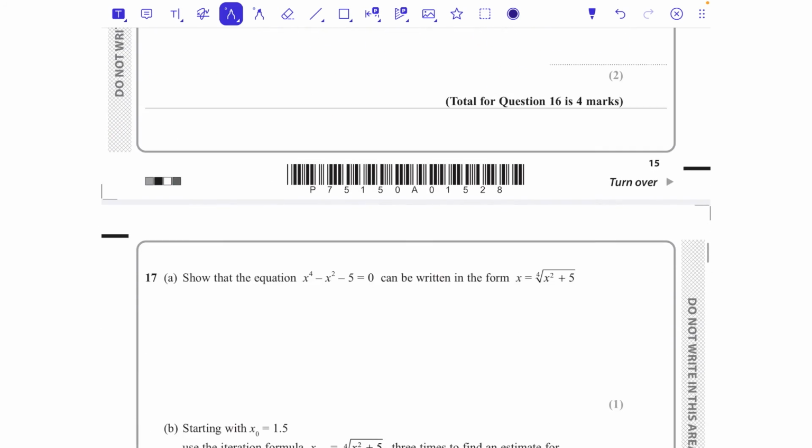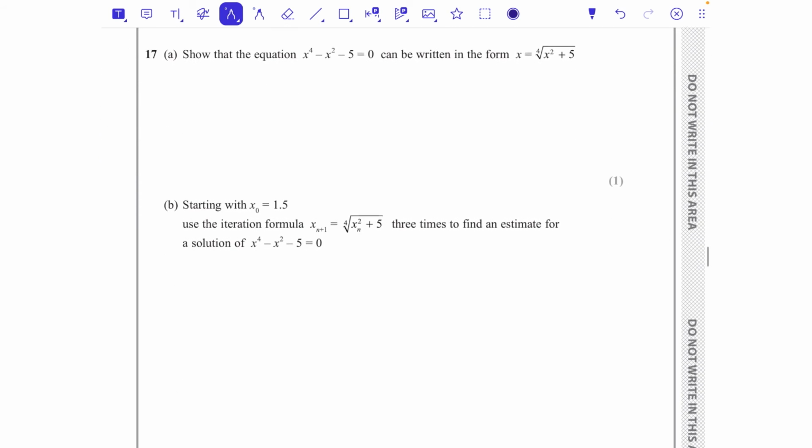Fabulous. Question number 17. Show that the equation x to the power of 4 minus x squared minus 5 equals 0 can be written in the form x equals the fourth root of x squared add 5. Now, the fact that the last thing they did was the fourth root makes me think that they got that x to the power of 4 term on its own.